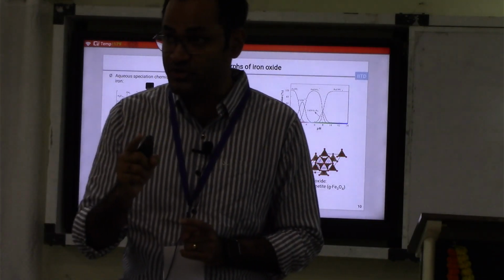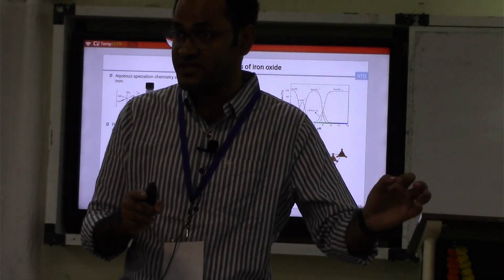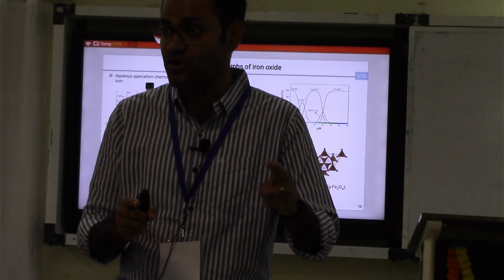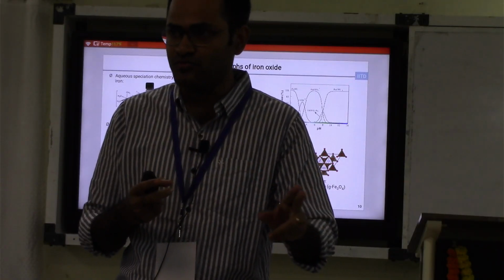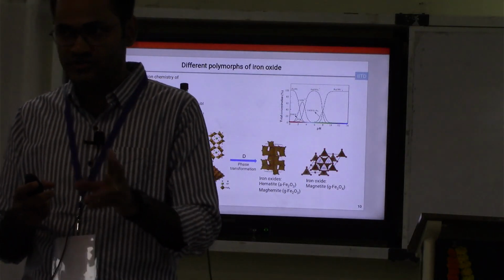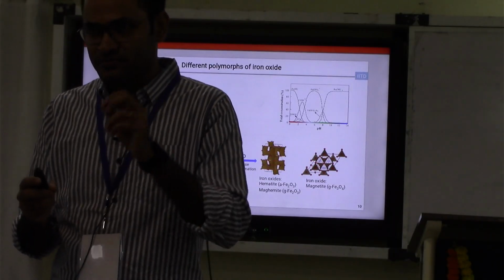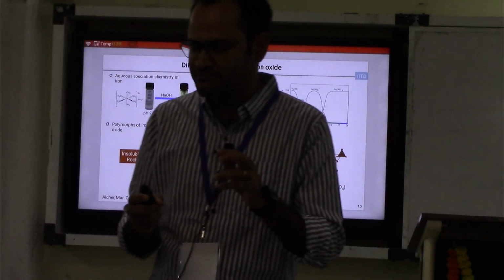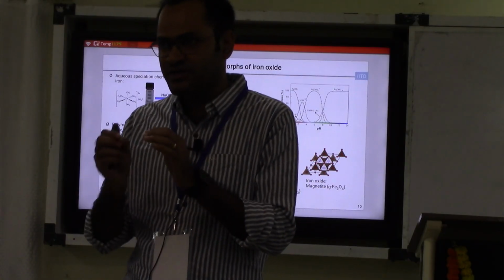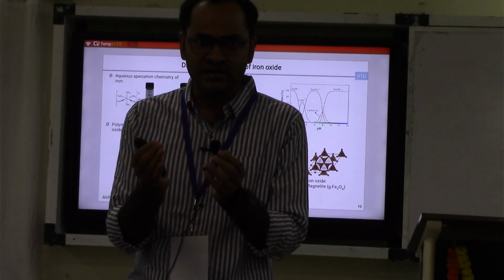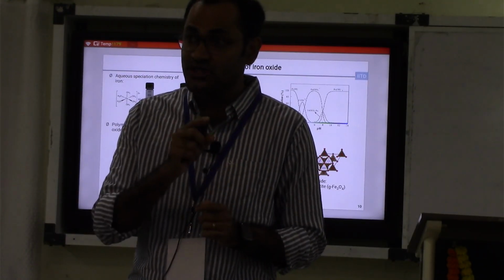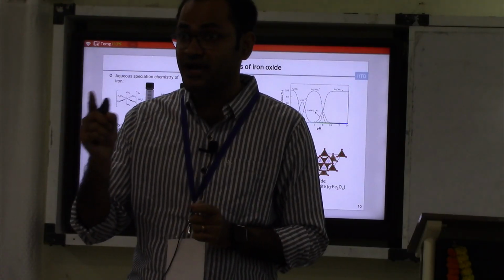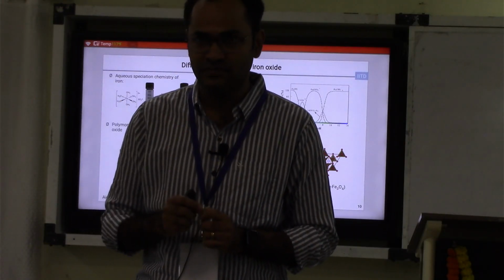Other than this protein, iron is present in the +2 state in almost all metalloproteins, because iron 3 is toxic for the cell. Important here is that inside this protein, you can store 3000 to 4500 iron atoms at a time.